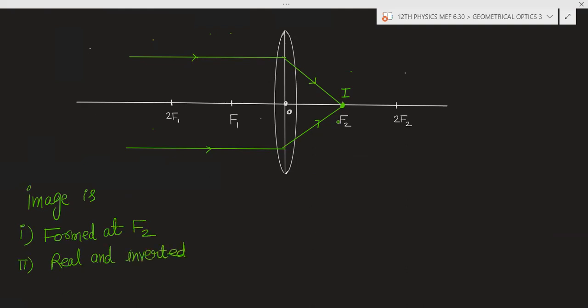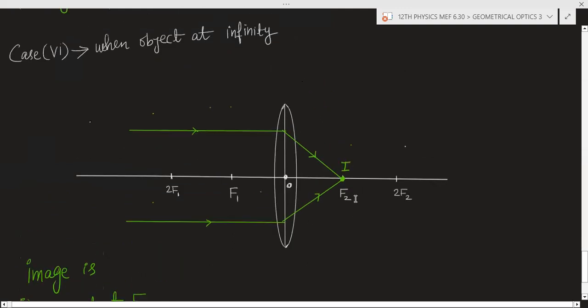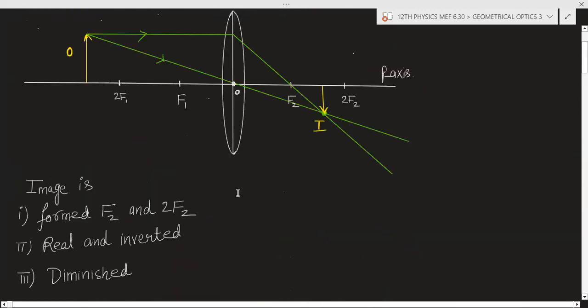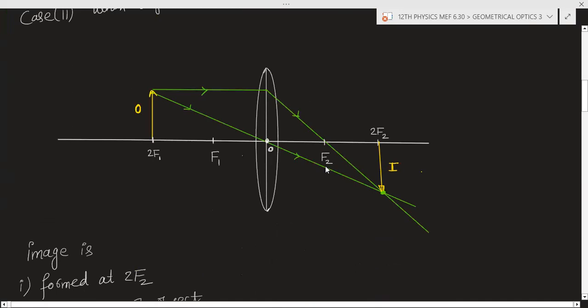Why real and inverted? Because the rays are actually meeting, and I want to explain this like this. See, first the object is here. The image is inverted, and it is between F2 and 2F2. Then you place the object here at 2F1.